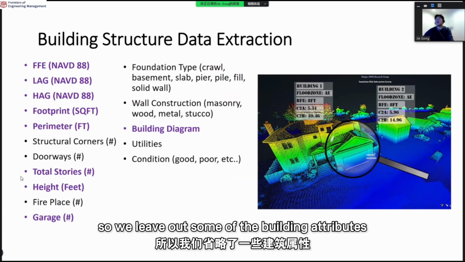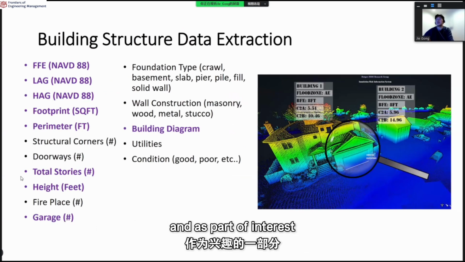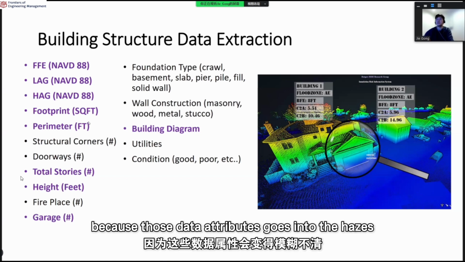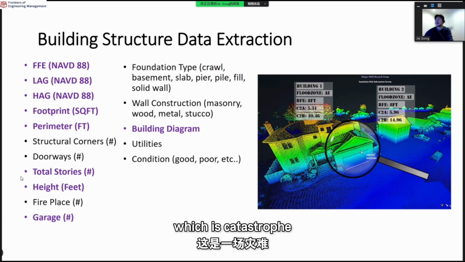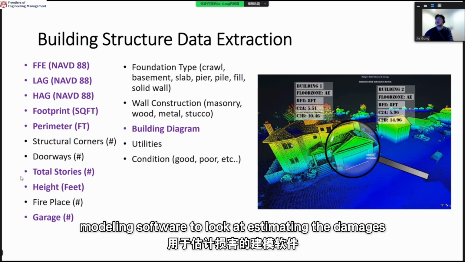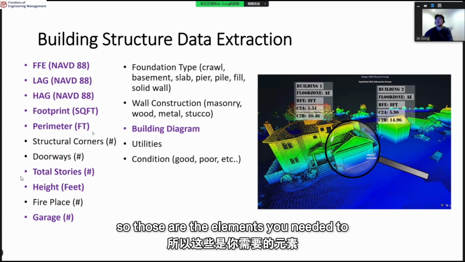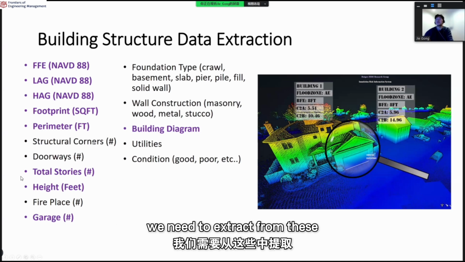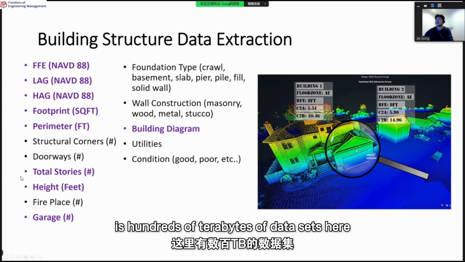These are some of the building attributes of interest, because those data attributes go into catastrophe modeling software to estimate the damages. Those are the elements we need to extract from these hundreds of terabytes of data sets.